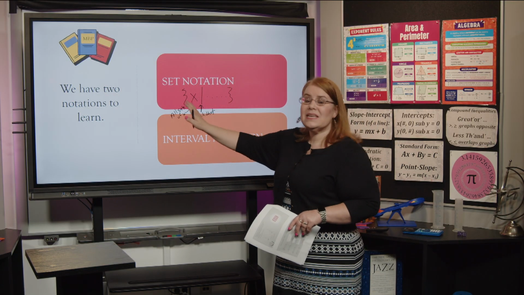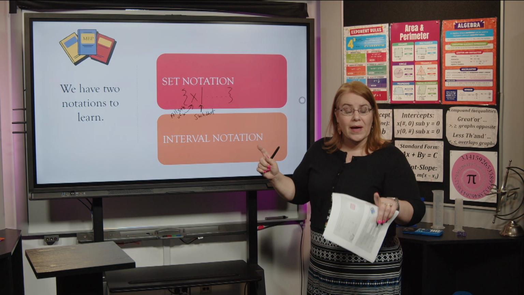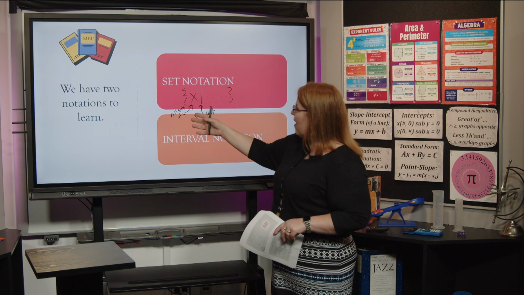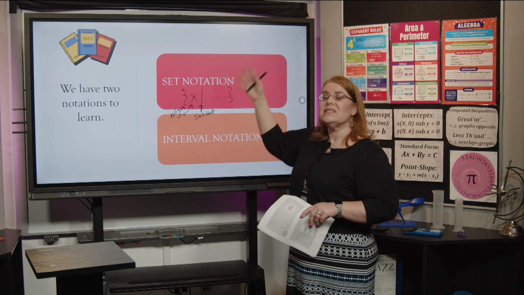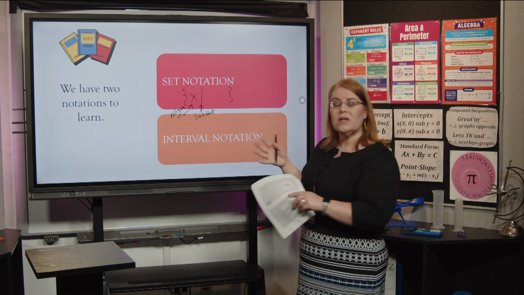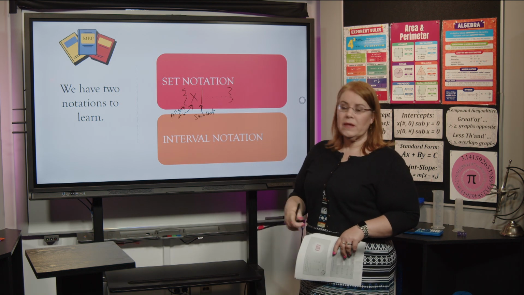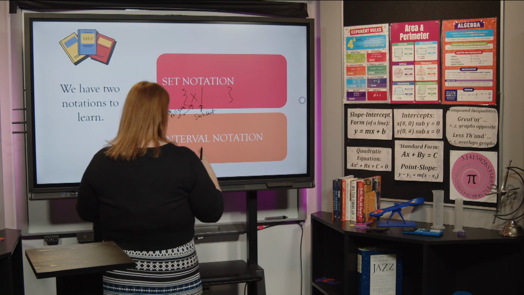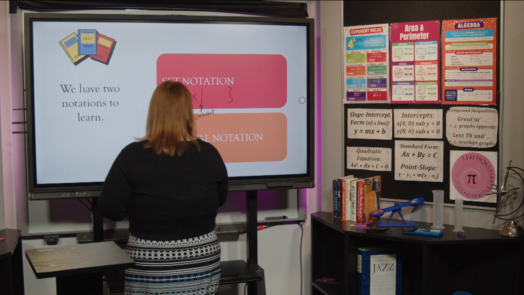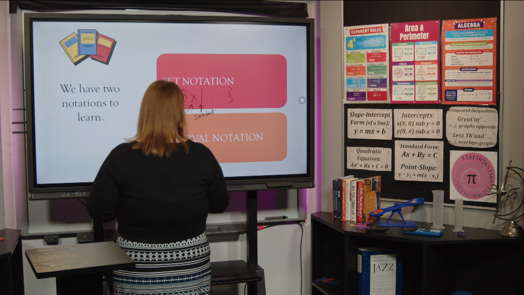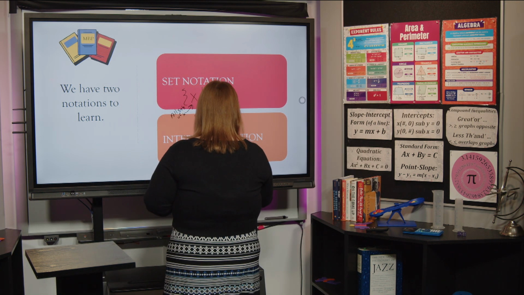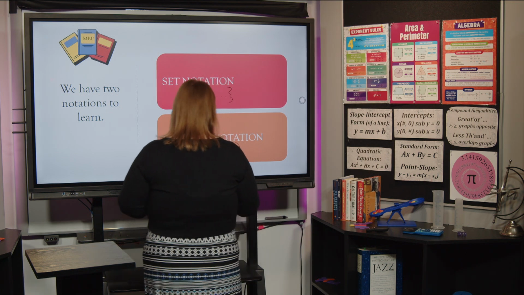So this is a grammatically correct inequality. We've heard that before, grammatically correct. We have all of my sets of x's such that, and then it tells you what your x's can or cannot be. So then our interval notation, this is the intervals where our possible answers can be. Now we said we can either start with a parenthesis or a bracket, and I can end with a parenthesis or a bracket.